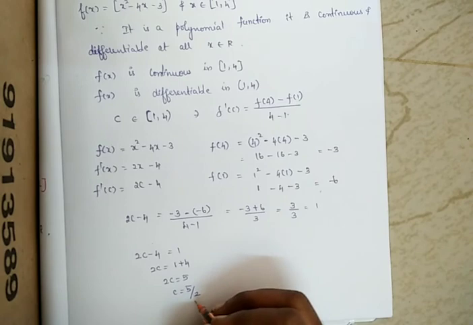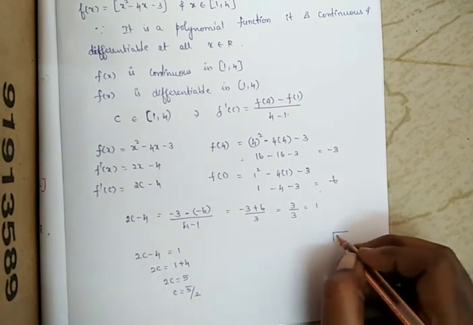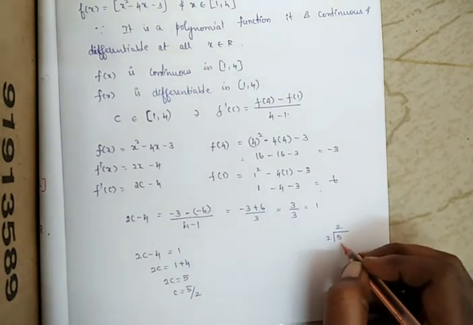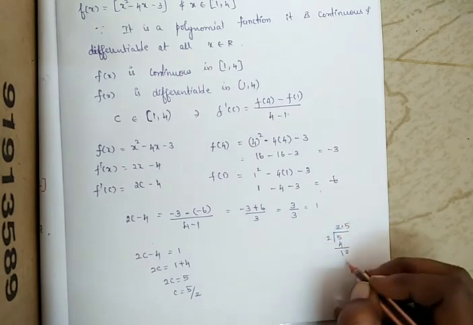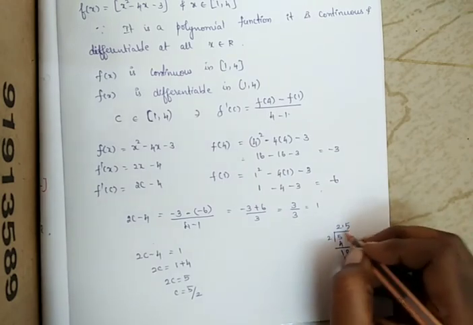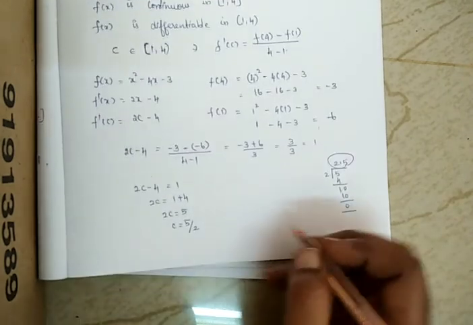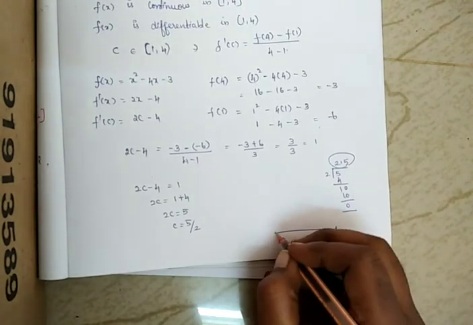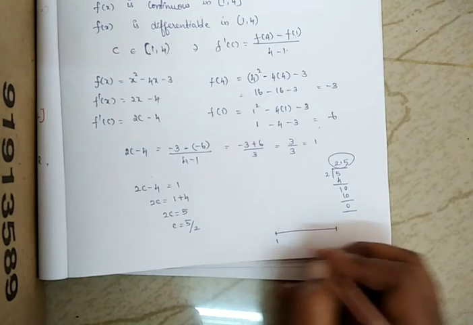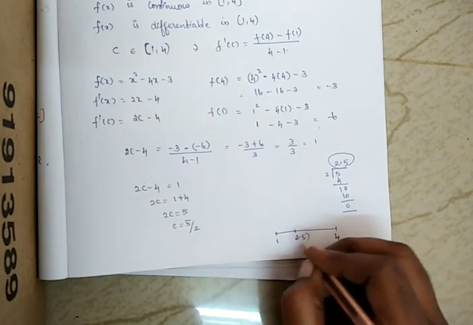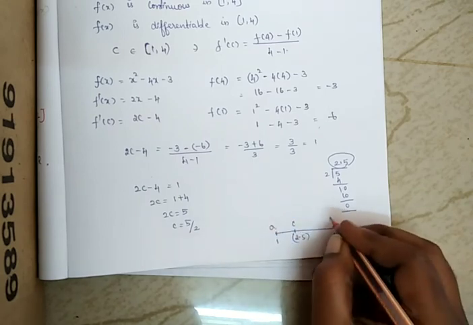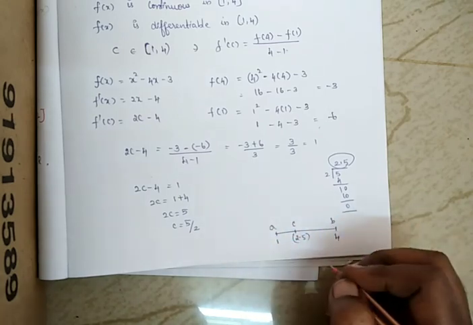Now C is equal to 5 by 2 means 2 2s are 4, balance 1, 0, 5 2s are 10. Now the point is 2.5. See, the given interval for us is 1 and 4. So the point is 2.5. So the C is in between A and B only.